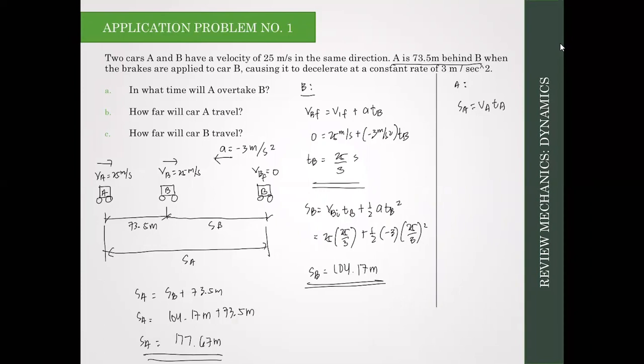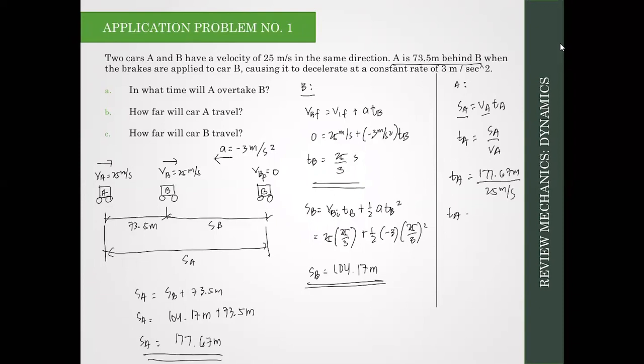So, anong meron tayong values diyan? Ang wala tayo ay si TA. Si SA na-calculate na natin just a while ago. And si VA is given sa problem natin as 25 meters per second. So, si TA natin can be calculated as SA over VA. So, TA is equals to 177.67 meters all over velocity of 25 meters per second.